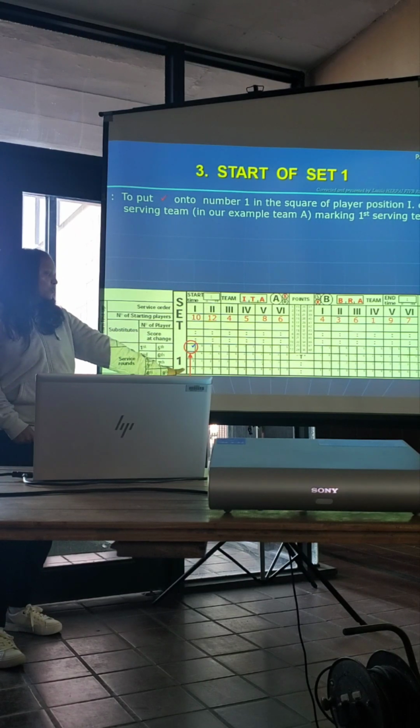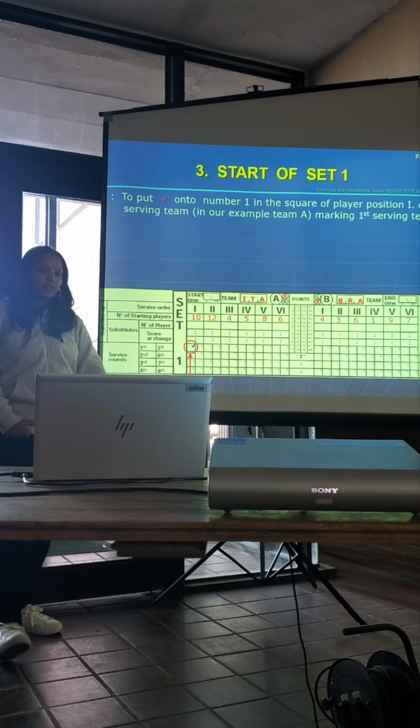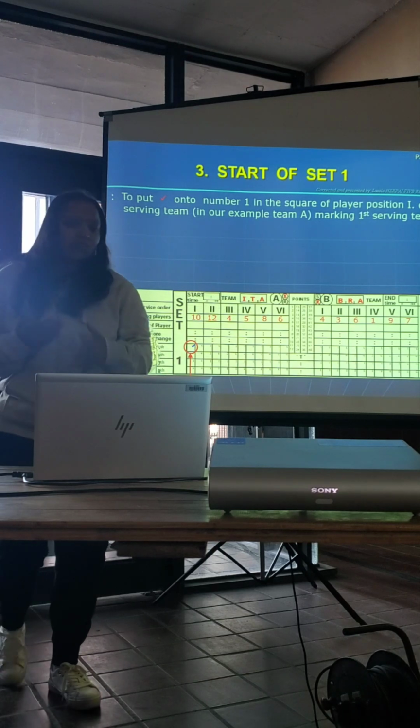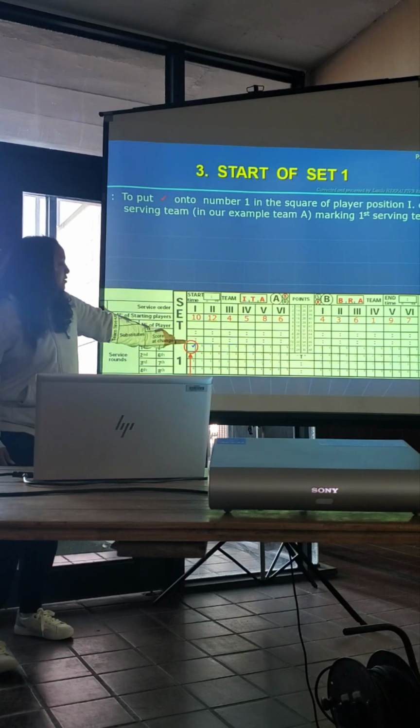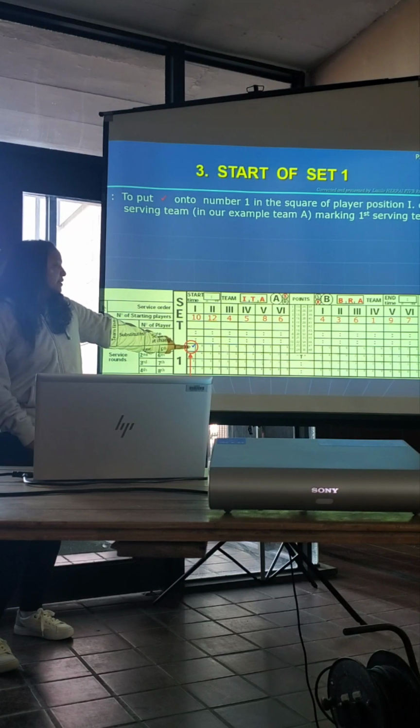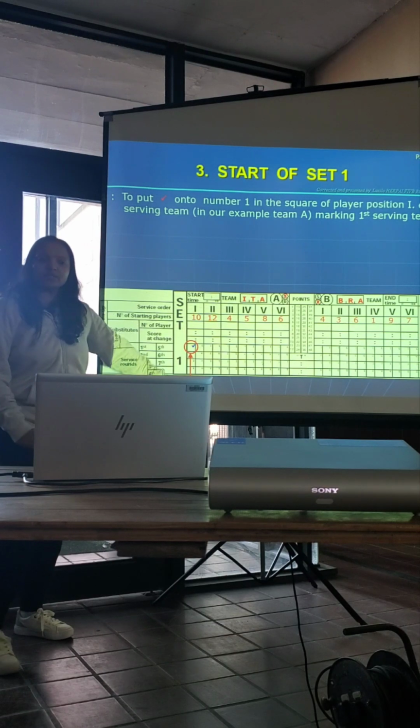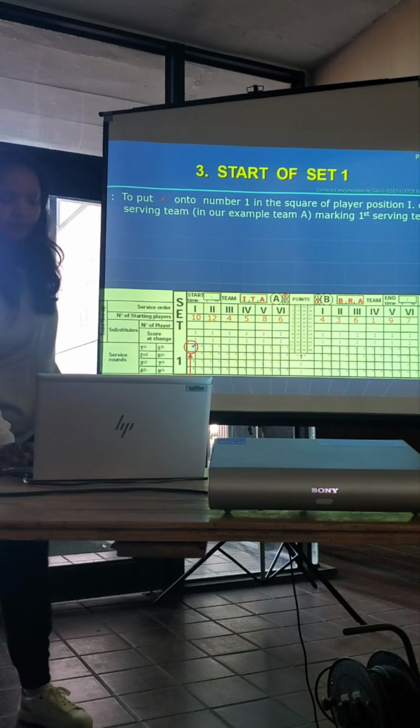Also, what's important, and if you're a regular scorer you know you can get very confused sometimes, is to tick the box, so that you know that is the next server, the player to serve.